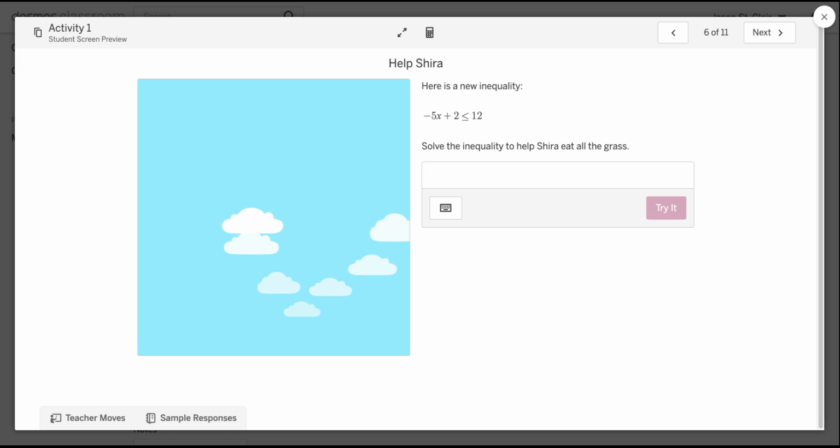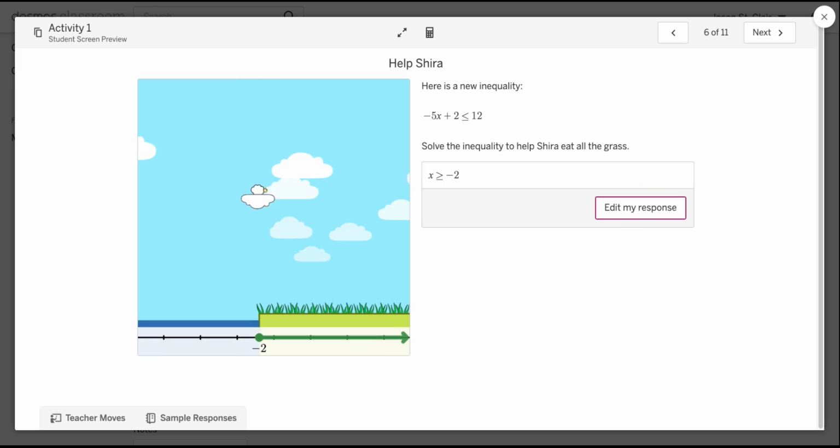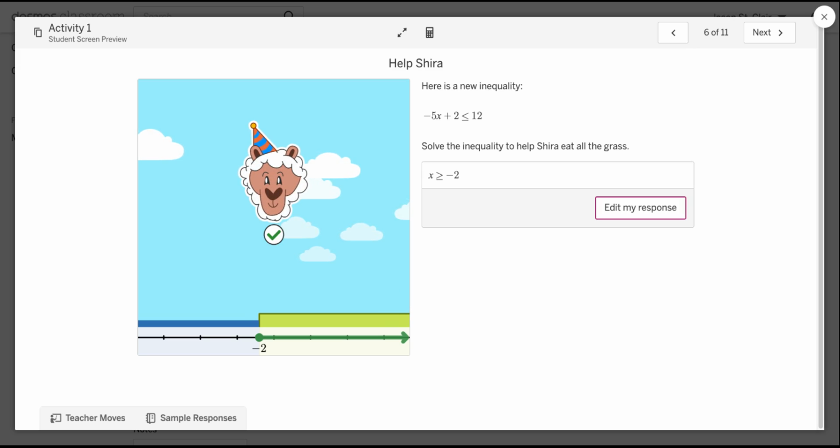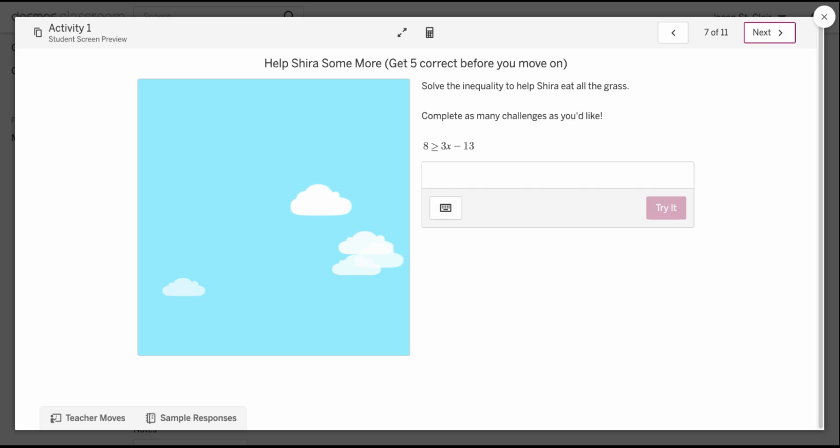So that's going to be greater than or equal to negative 2. See if we're right. On these ones here, you have to get 5 correct before you can move on. So that's going to be on you to do.